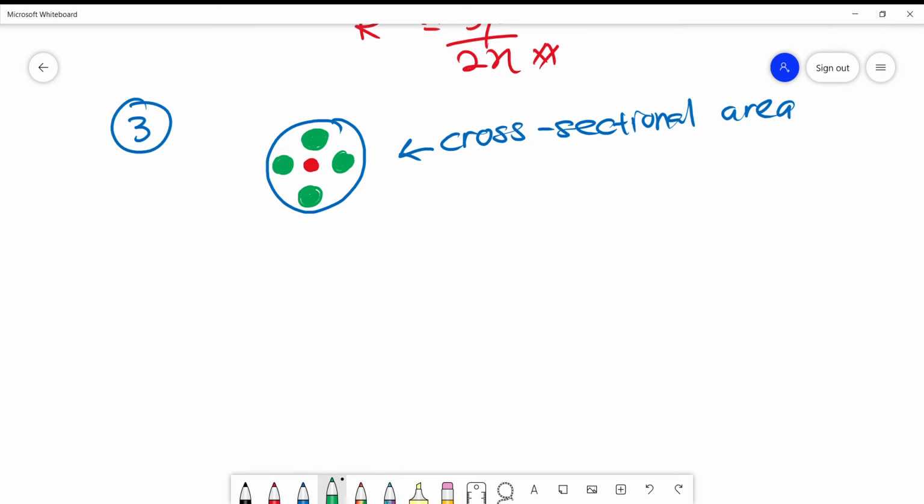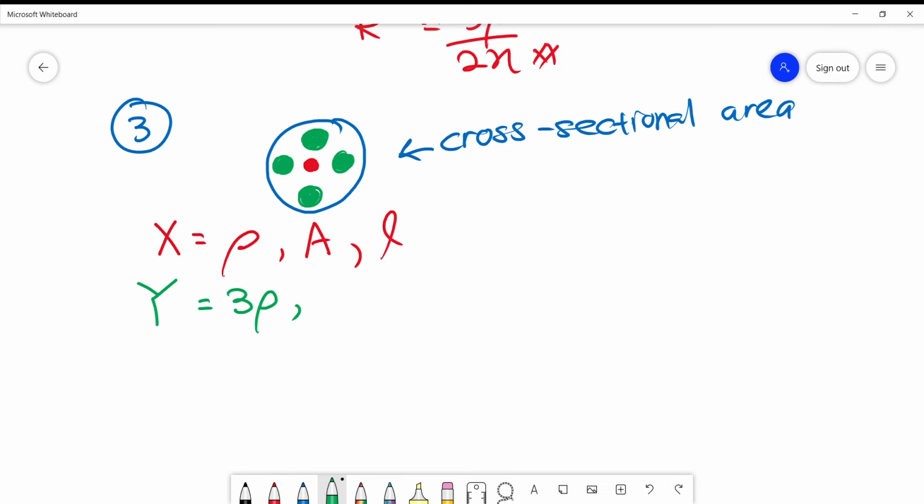So the red wire is denoted as wire X. For wire X, the information given is the resistivity of rho, the cross-sectional area of A, and the length of L. As for the green wire, which is denoted as Y, what we have here is 3 rho for each wire.